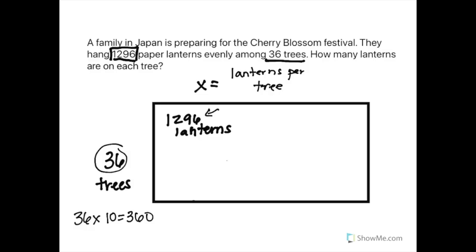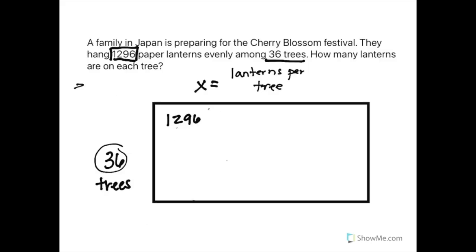So I know that if I estimate 40, 4 times something gets me close to 12, right? So 40 times 30 would get me close to 1,200. So I'm going to use my estimation skills, and I'm going to try 36 times 40.